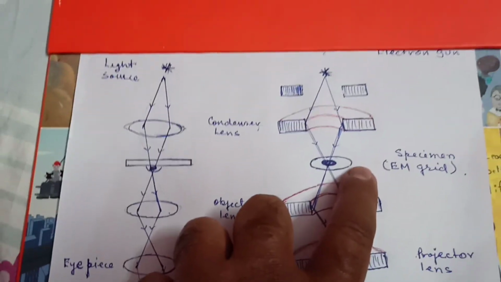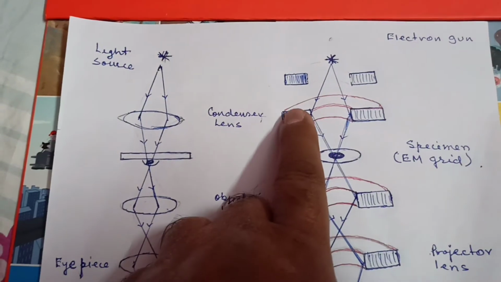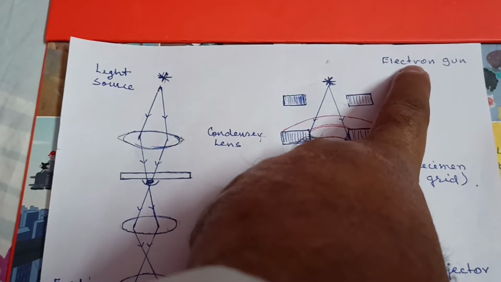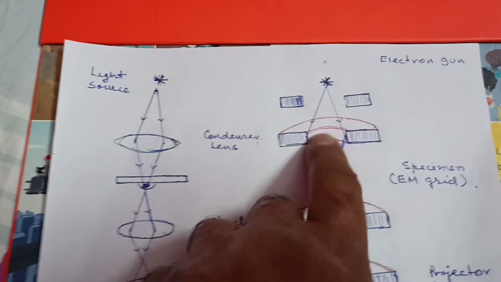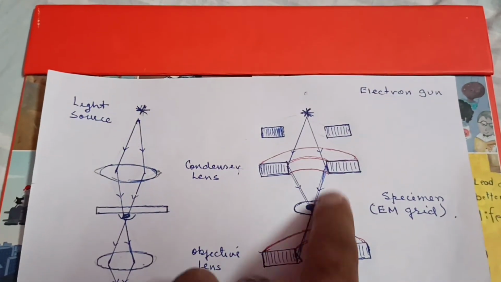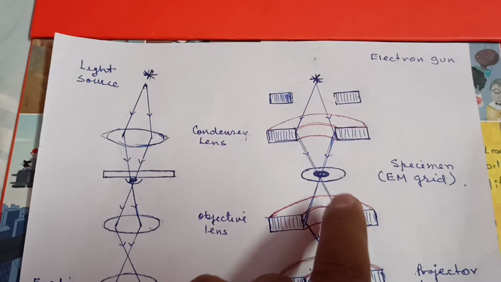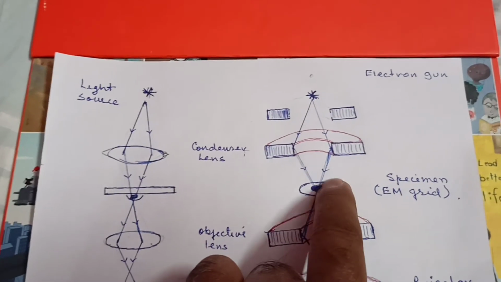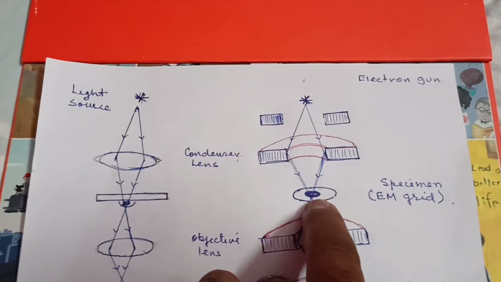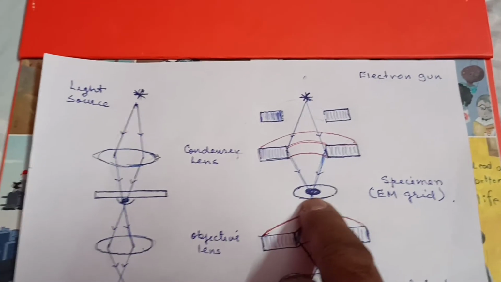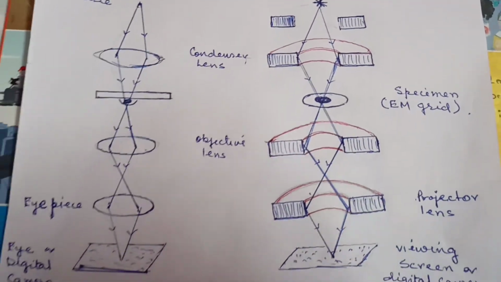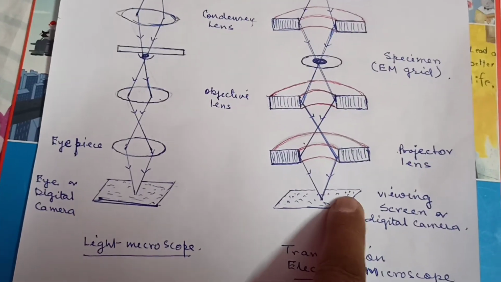But in the case of the electron microscope, this is the source of electrons, the electron gun, from where the electrons are emitted. And these are the electromagnetic lenses. For the electron microscope, the specimen is placed over a metallic grid called an EM grid. This is made of either a silver grid or a gold grid, and this is the focused beam, and then it is visualized.